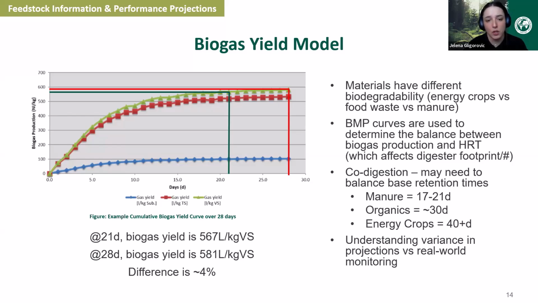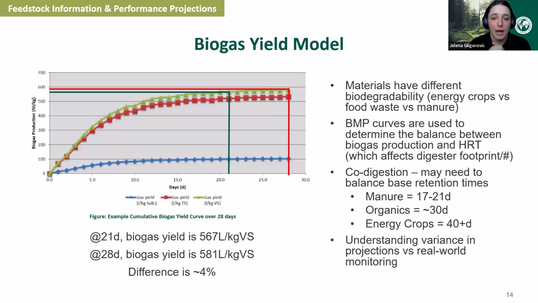So if you have a co-digestion project with, let's say, manure and organics co-digested in one digester, you may have to consider the difference in base retention times here. So typically you go with the substrate that requires more time. So in this example, erring more on the side of the 30-day retention time. However, this can be a conversation.